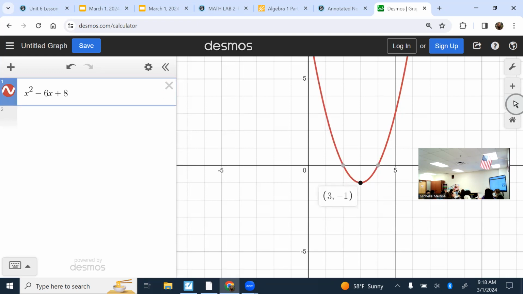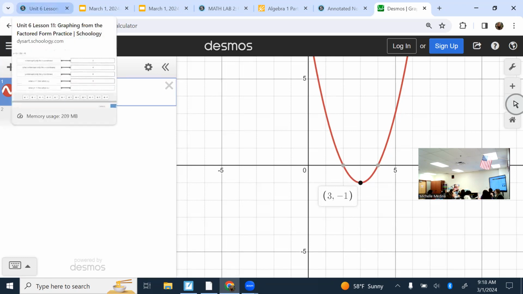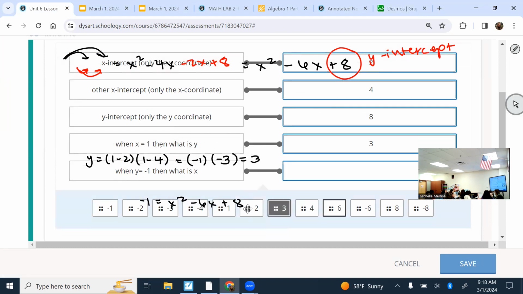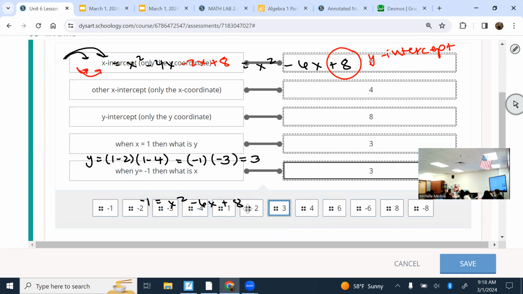What's my value for the x? So that is how I'm choosing to answer that one, by looking at the graph. All right, I didn't know that that would end up being my vertex, because then I would have been able to do it without graphing, but that's how you can check your answer. Questions on that one?